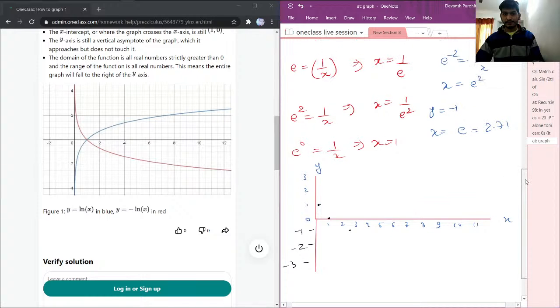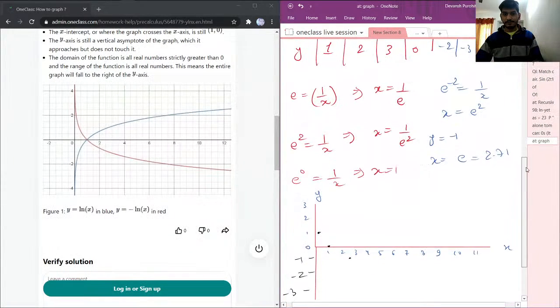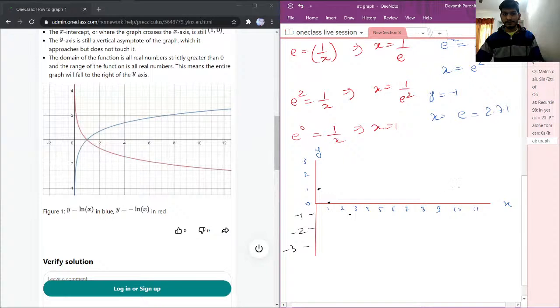Then for 2 it is 7.38, which will be somewhere here. So this way there will be an asymptote here. This will go like this.